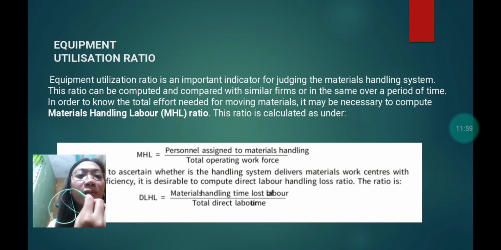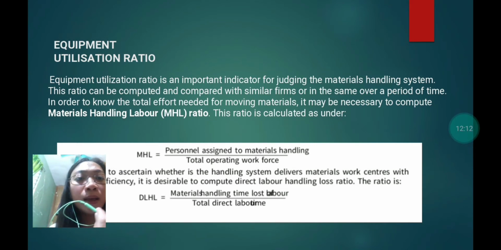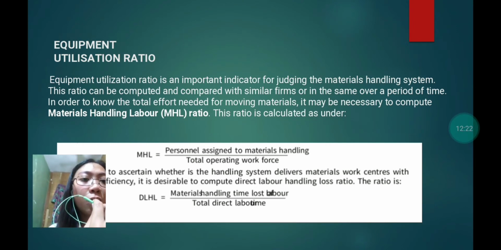In order to know the total effort needed for moving materials, it may be necessary to compute the material handling labor or MHL ratio. This ratio is calculated as under. MHL, or materials handling labor, equals personnel assigned to materials handling over total operating workforce.